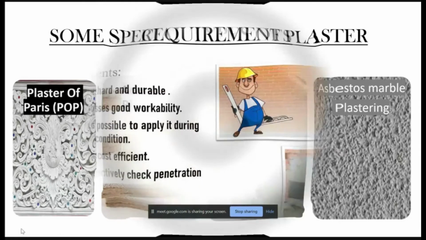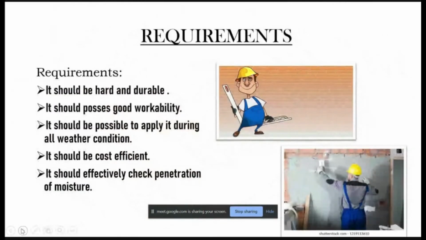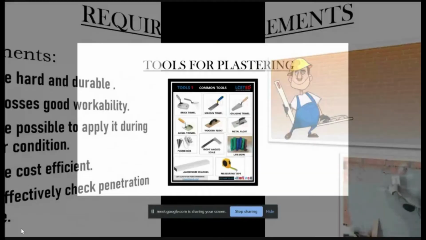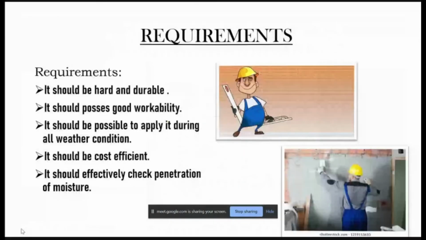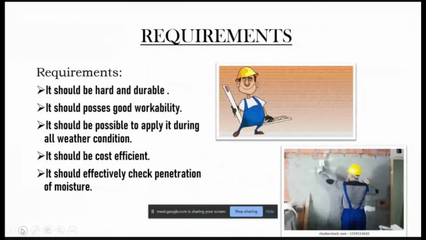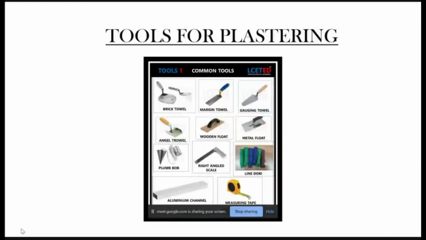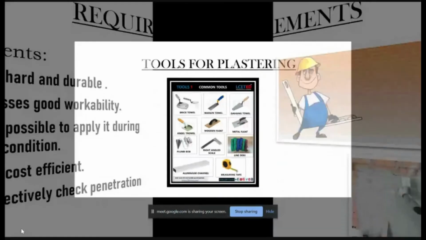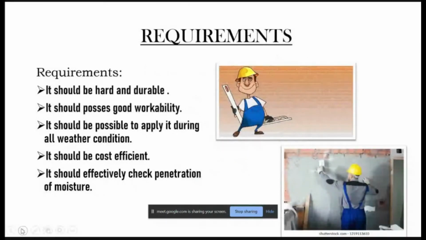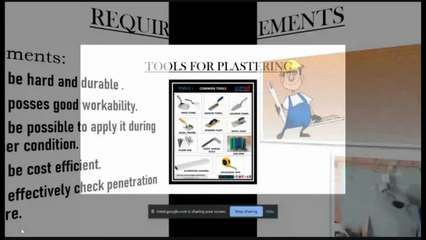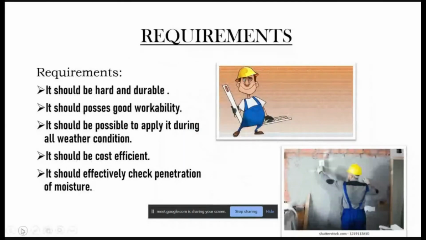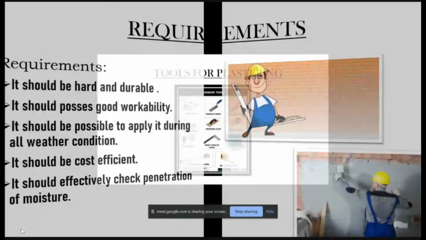The requirements are: it should be hard and durable, it should possess good workability, it should be possible to apply it during all weather conditions, it should be cost efficient, and it should effectively check penetration of moisture.